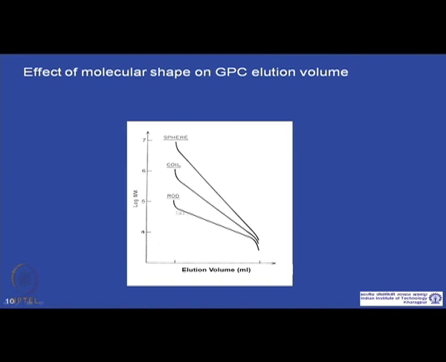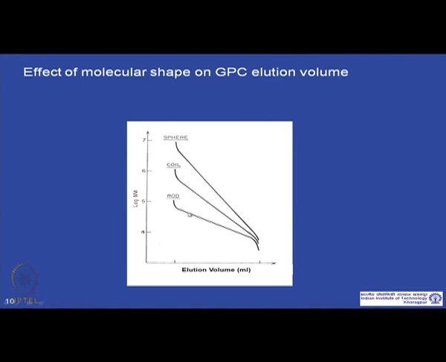Now, for a given molecular weight, if you consider one molecular weight here and keep the molecular weight constant and change the shapes from rod to coil to sphere, obviously the sphere will have the lowest size, then the coil, then the rod. So, obviously the elution volume will differ according to size.